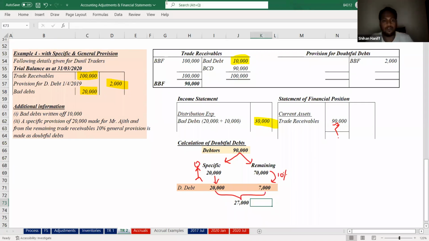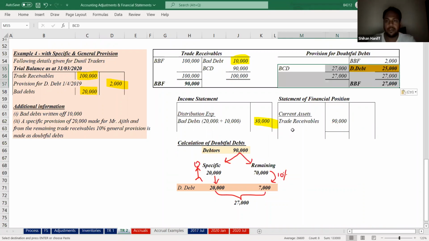Okay, so the answer is 27,000. So opening balance is 2,000. To make this 27,000, you have to increase this by 25,000. We need to increase this by 25,000. Okay.